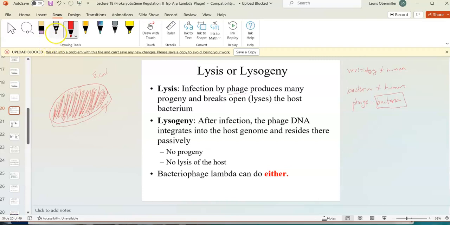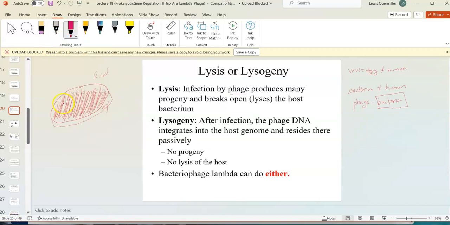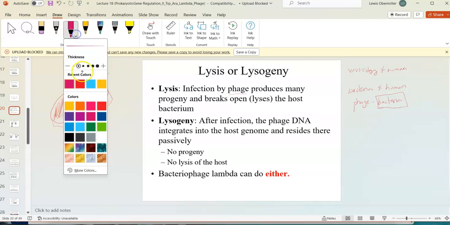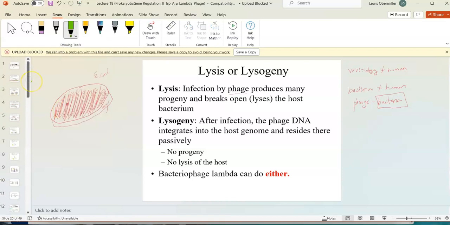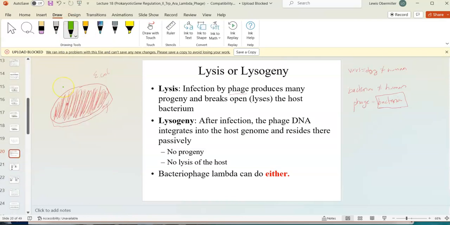And so if we infect this with a virus, the virus is going to find, that's a terrible color for this. Let's use green. Let's say the virus infects, it's still a terrible color. Red is just a lot.